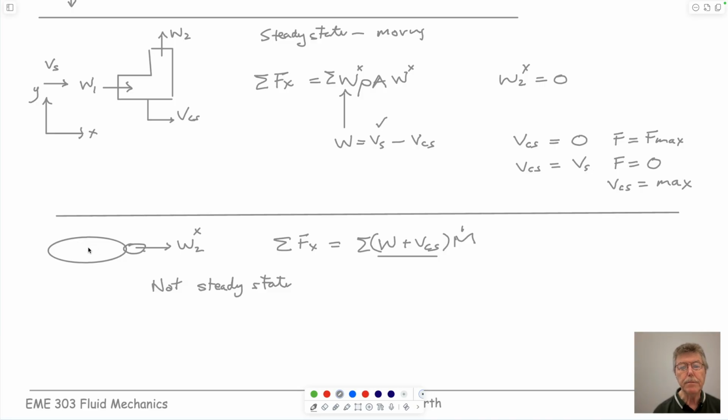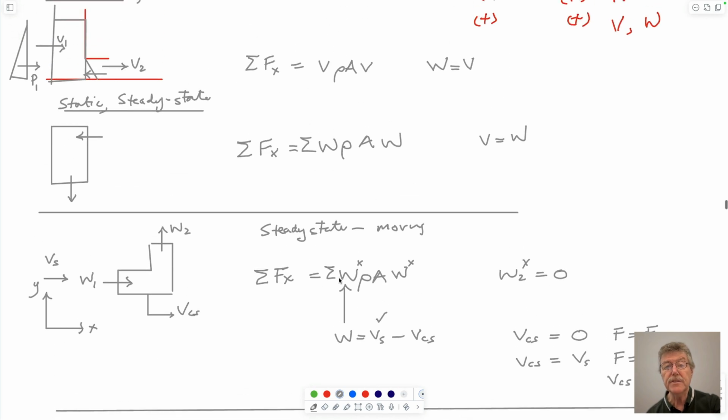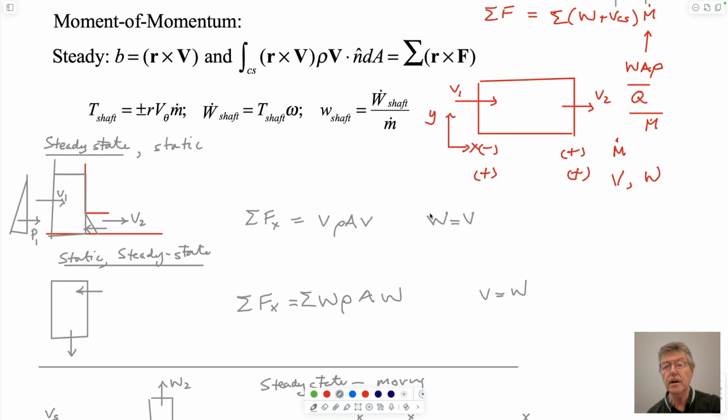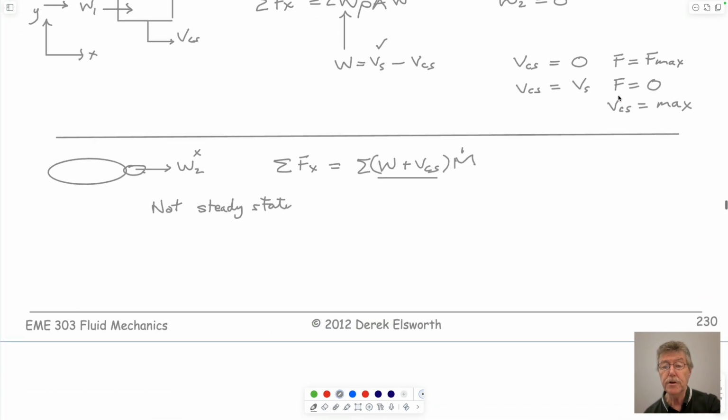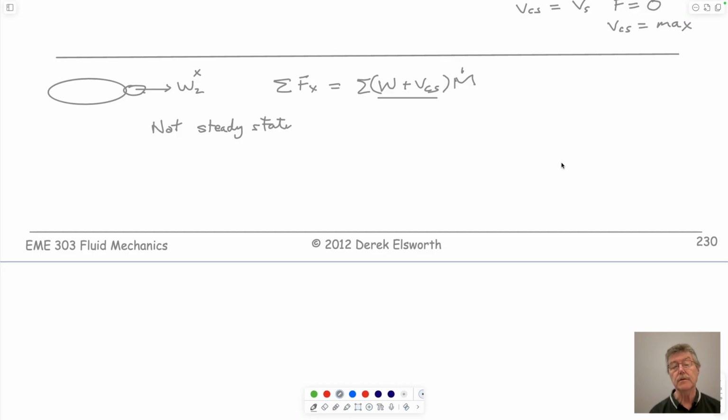That's because magically we're producing fluid in here, which is coming out here, and at some stage it's going to peter out because it's only a finite volume here. And so we have to use this. We could have used it in any of these other ones, but we chose not to because we realized that they were at steady state and this term just drops out. But you would have got the right answers using it in these other ones.